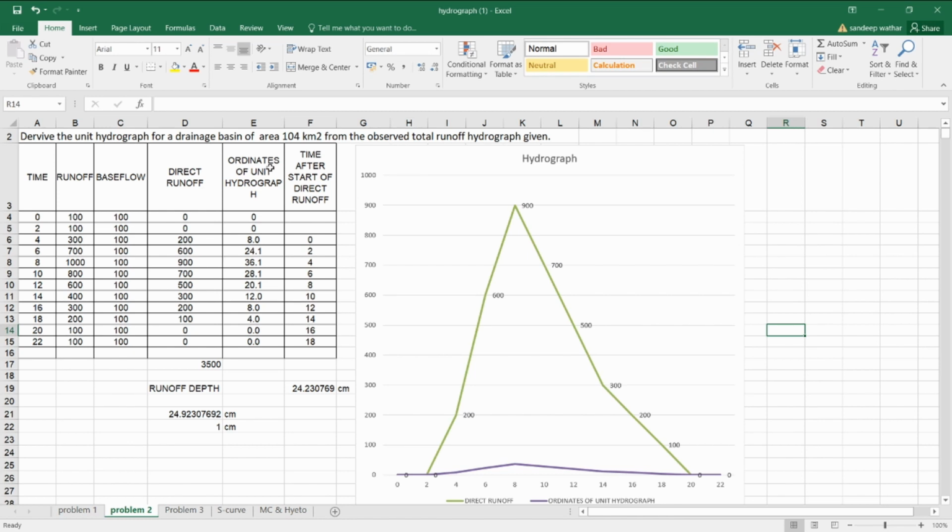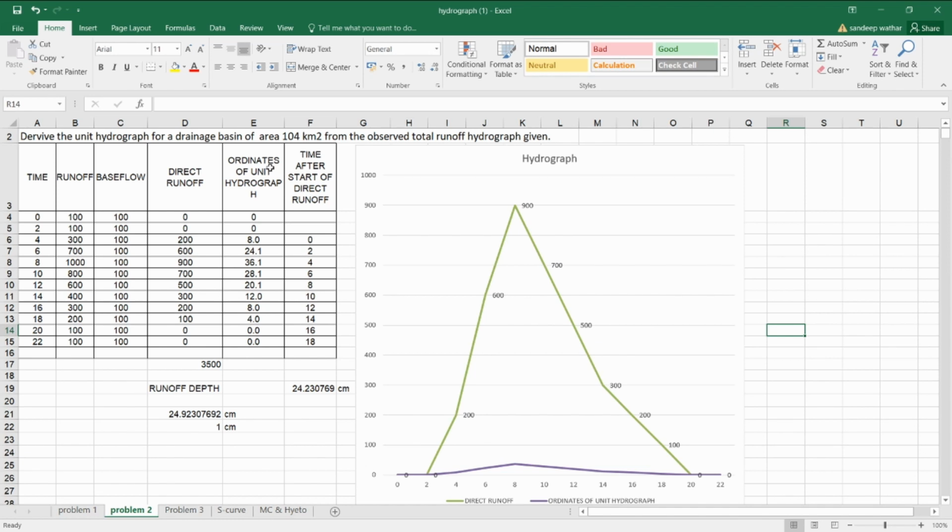Now, as I explained previously, it is impossible for us to practically have 1 centimeter of excess rainfall and to measure the ordinates that would be observed at your stream gauge station for it, right?